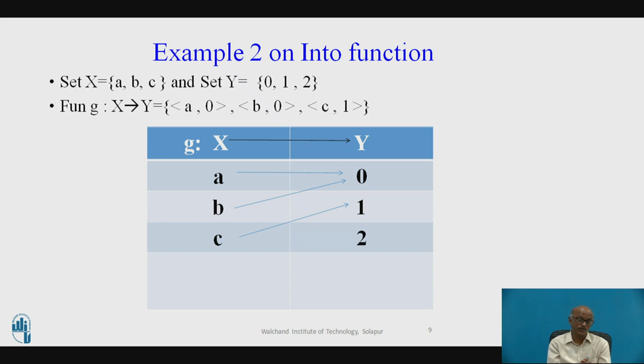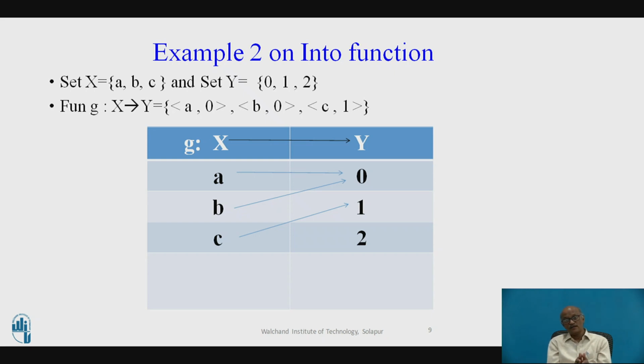The element 2 is not involved because there is no arrow from set x to the element 2 in set y. Only 0 and 1 are involved in the mapping. It means that the range of the function is equal to 0 and 1. It is a subset of y, and it is not equal to y.